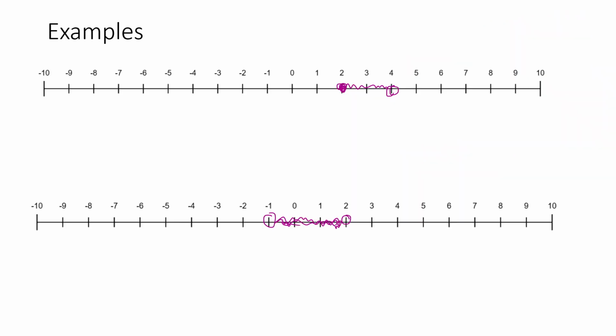Now, we're just going to work through some examples. So I have here some number lines, and we have this interval right here, which is 2 to 4. If you were to do this using inequality notation, it would look something like this: 2 is less than or equal to x, where x represents the values in that interval, is less than 4.